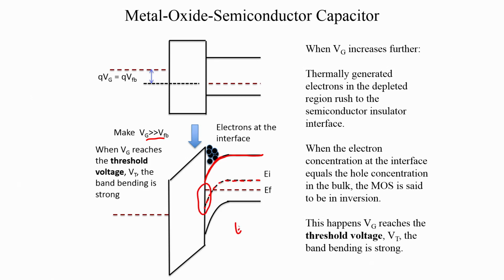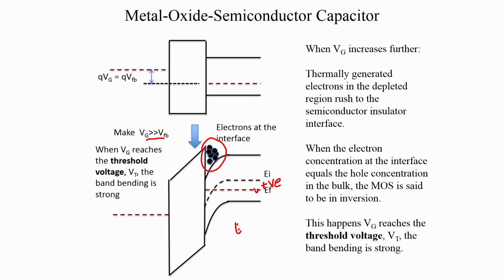So, EI minus EF in the bulk is positive, and EI minus EF at the interface has now become negative, or in other words EF minus EI at the interface has become positive. So, at this point we will start encouraging electrons to appear at the interface, because the band bending is so severe.